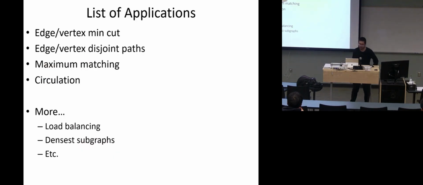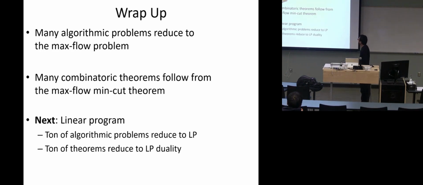But I think the point that we made in this class is that there is a large list of applications for MaxFlow. I just gave you a few, but there are many more than that. And to wrap up, you see that many algorithmic problems just reduce to MaxFlow.